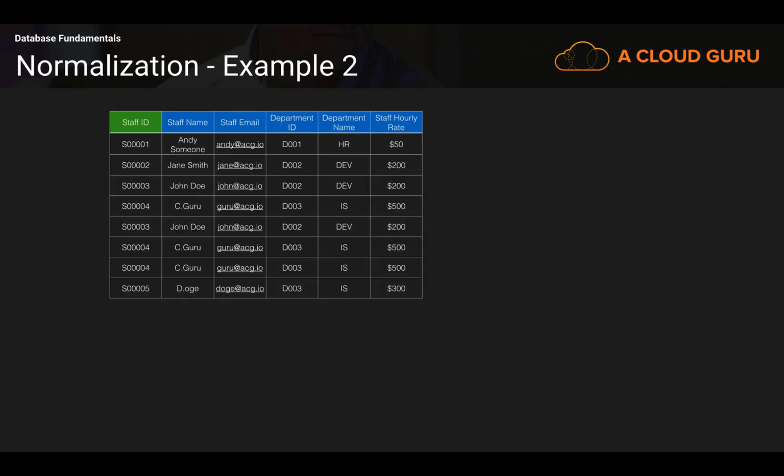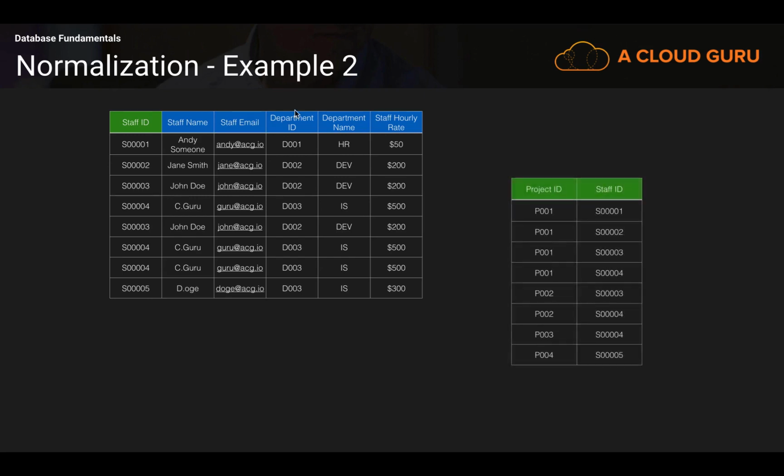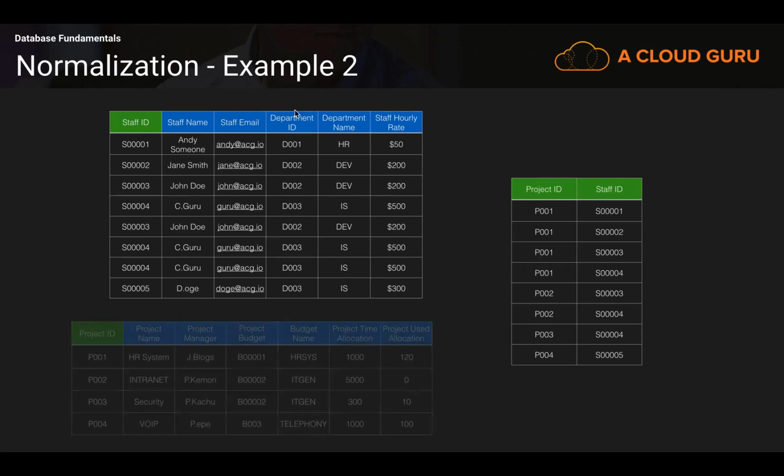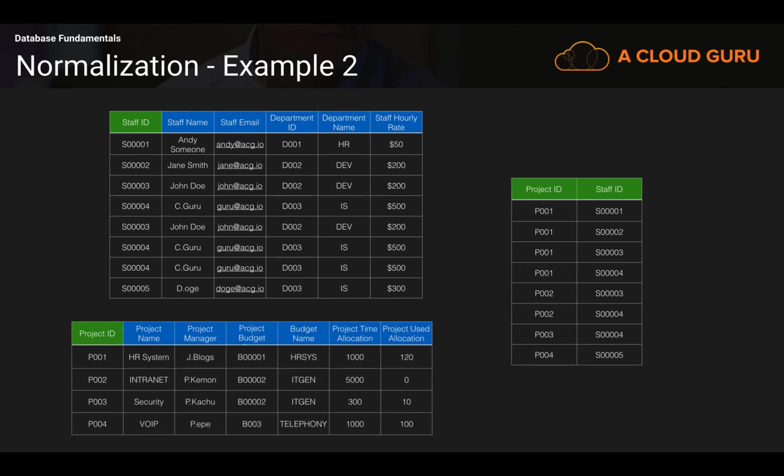We start with our new staff table, and we maintain our project allocation table, but it now only has project ID and staff ID. Note it's perfectly fine and sometimes needed to have a table with just composite keys, and it's used to model relationships between two other tables, in this case our staff table and the original project table. So now the data is in second normal form.